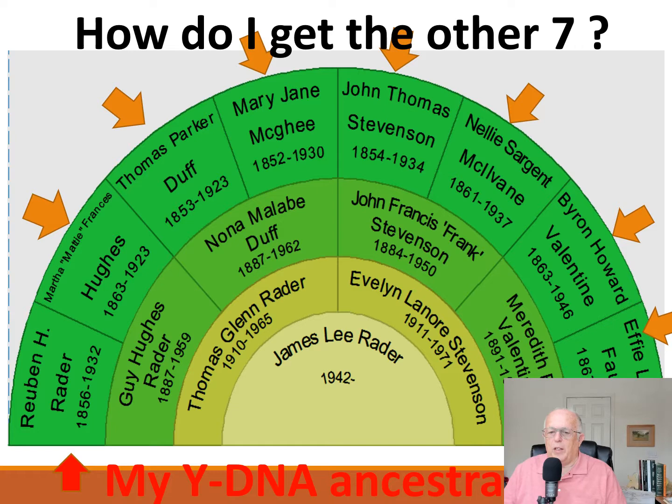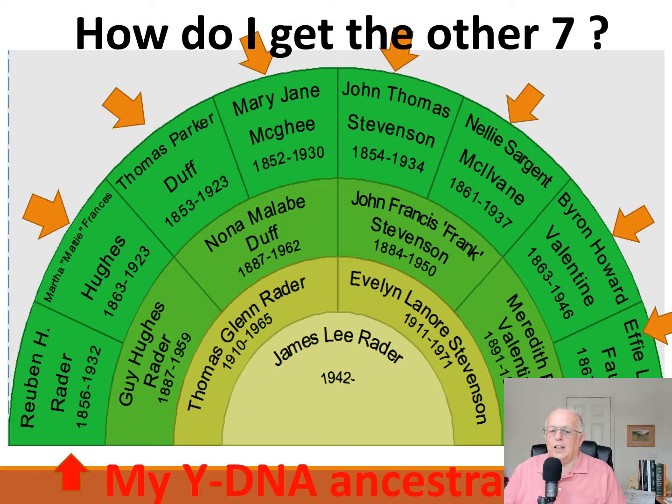Now, I am a male Ridger, so I do possess the Y chromosome that came from my father, which came from his father, which came from his father. But I do not have any of the other 15 great-grandparents' Y-DNA. Obviously, the females don't have one, but their fathers did.